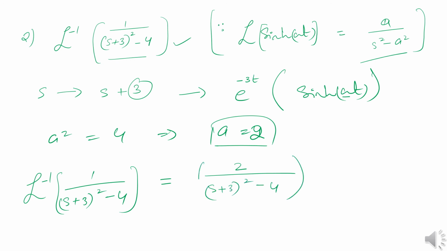It will be 1 over 2 Laplace inverse transform of 2 over s plus 3 squared minus 4. So the final answer will be 1 over 2 e raised to the power negative 3t sine hyperbolic 2t. That is our final answer.